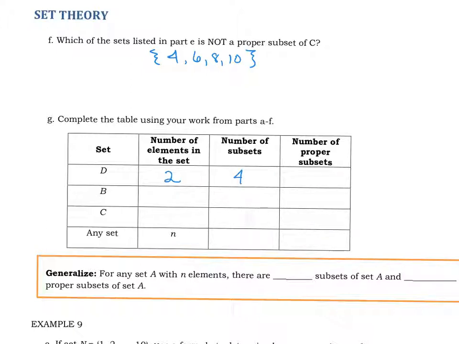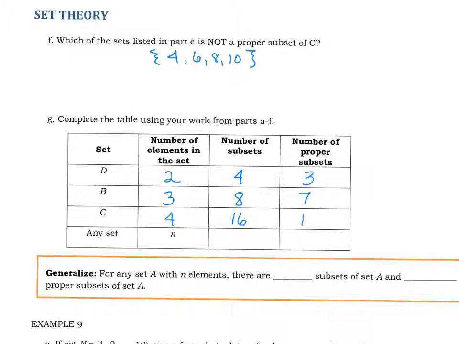And 1 less of the proper subsets. In B, you had 3 elements. You had 8 subsets there, and of course 1 less proper subset. C had 4 elements, and you had 16 subsets there. Remember, we started to kind of run out of gas when we were listing them, and then you would have 1 less proper subset.